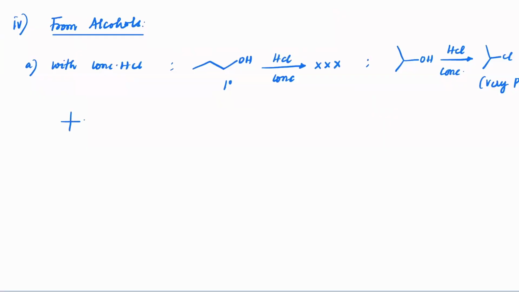Only 3 degree will operate. 3 degree alcohol, if you react with concentrated HCl, got it, then you will get Cl here plus H2O, typically following the SN1 mechanism. So if there is any rearrangement also, it would happen.